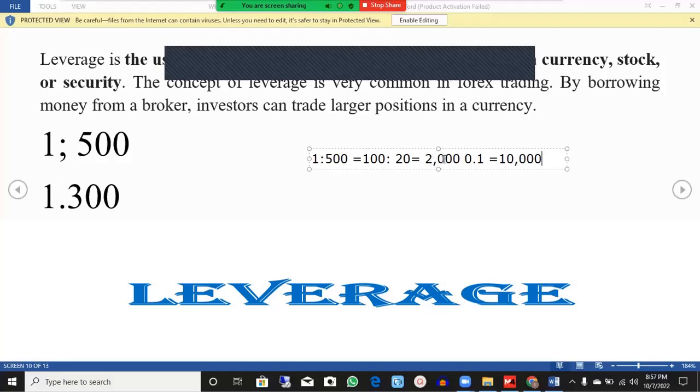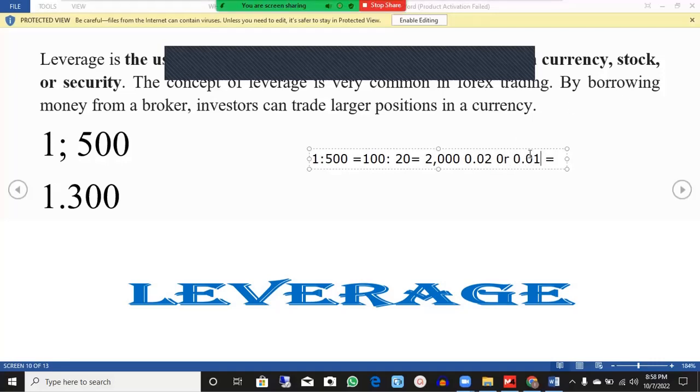So you see that they will be protecting you, they will not allow you to over leverage, so you cannot risk too much in your account. The only thing you can open now and be successful is 0.02 or 0.01. That's the maximum you can open.